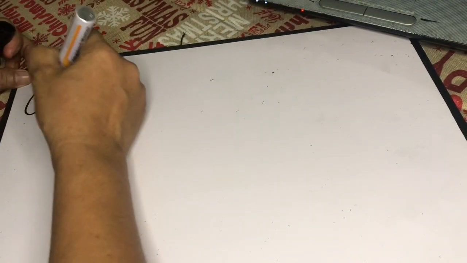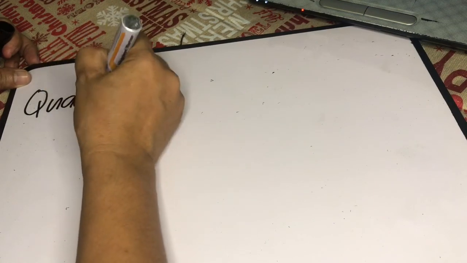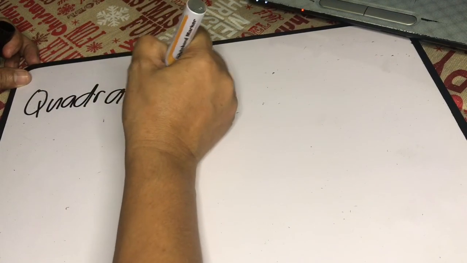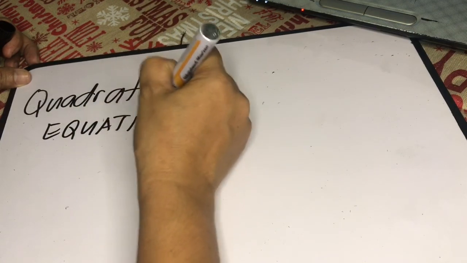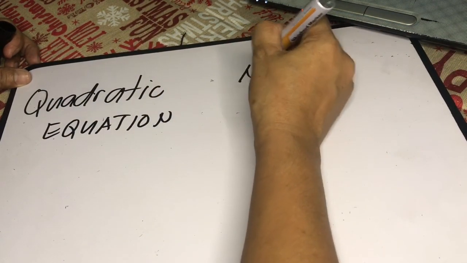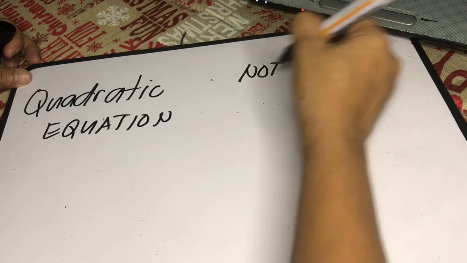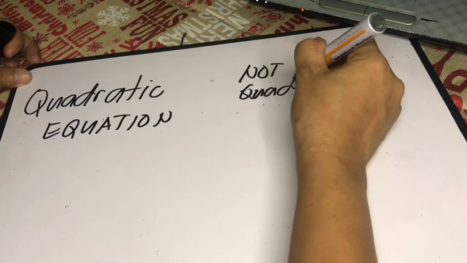Okay, good morning. For today's video, we're going to differentiate a quadratic equation from a not a quadratic equation. So we have a quadratic equation and a not a quadratic equation.